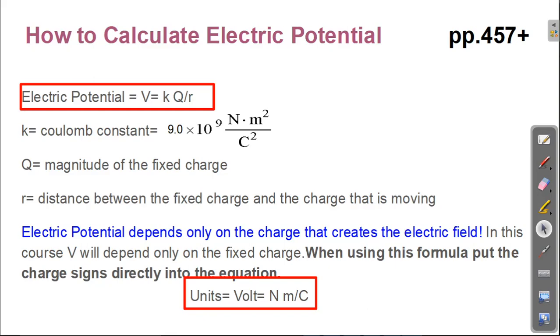So you need to put it in. The units for electric potential are the volt. The volt is just Newton multiplying the meters divided all by the coulombs. That's what a volt is.